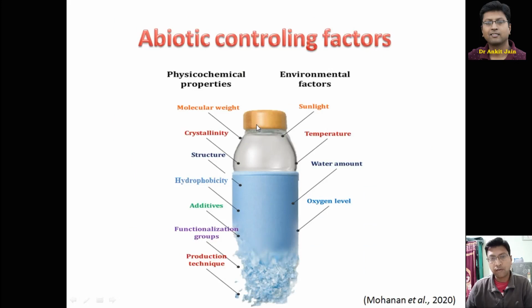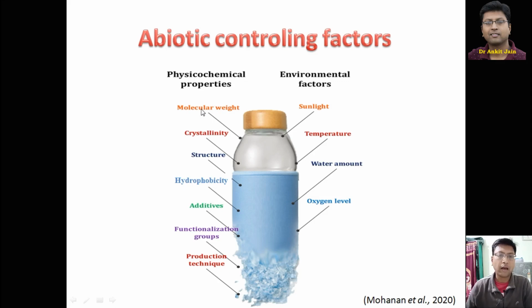So these are different abiotic factors like sunlight, temperature, water amount, and oxygen level. But it will also be affected by different physiochemical properties like molecular weight, crystallinity, structure, hydrophobicity, additives, functionalization group, and production technique.